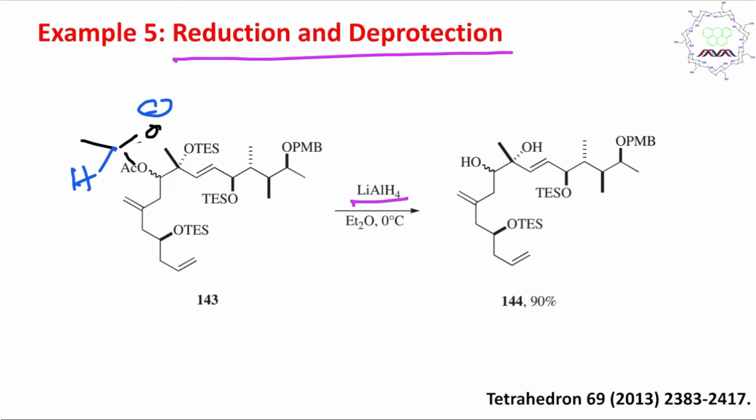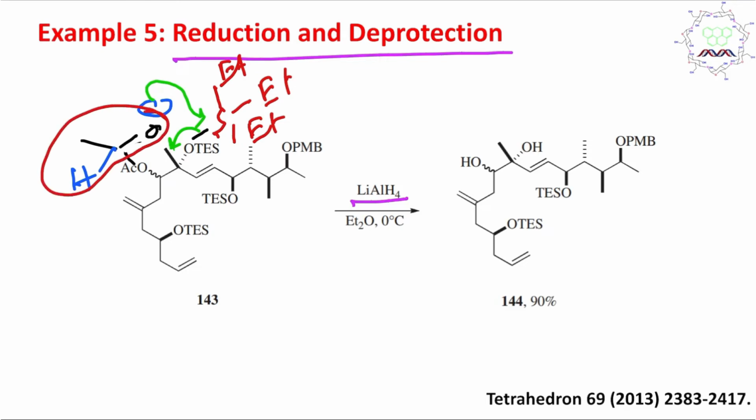So this O minus can attack this O-silicon, because OTES means triethylsilyl, so these are all ethyl. This O minus can attack here, and ultimately the silicon goes from this oxygen to this acetate part.